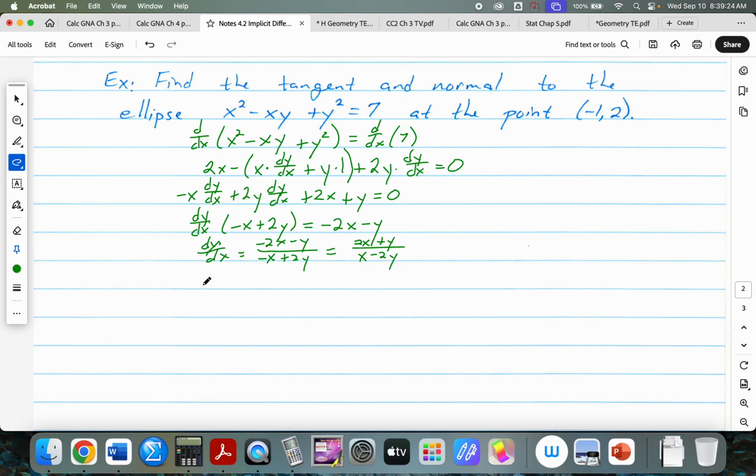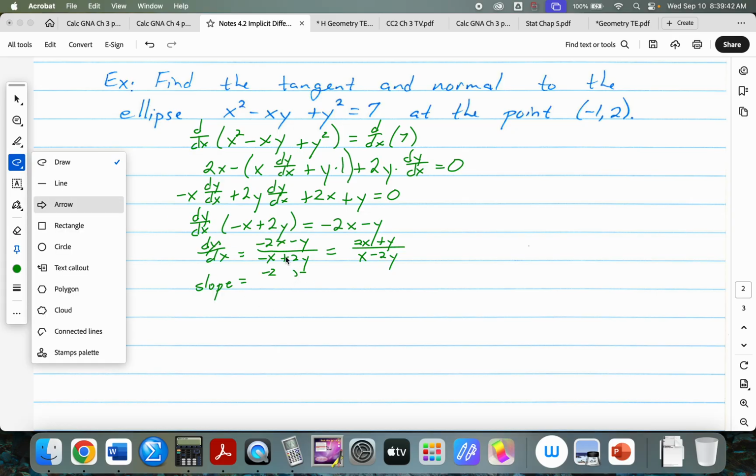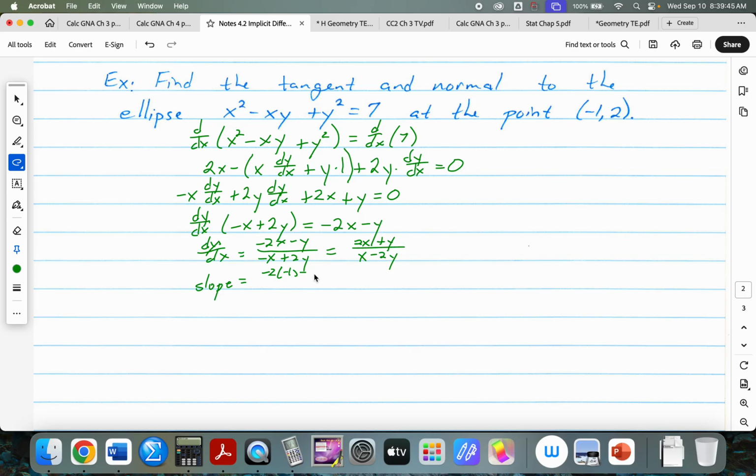So then the slope is going to be negative 2 times negative 1, because the x value is negative 1, minus the y value, which is 2, over negative x, so that's going to be 1 plus 2 times y, so that's 2 minus 2 over 5.